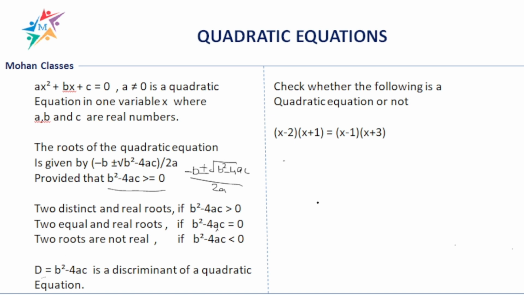Okay, let us do one exercise. Here, check whether the following is a quadratic equation or not. What is the condition? If it is a quadratic equation, there should be a term x square. That means it should be a second degree equation.